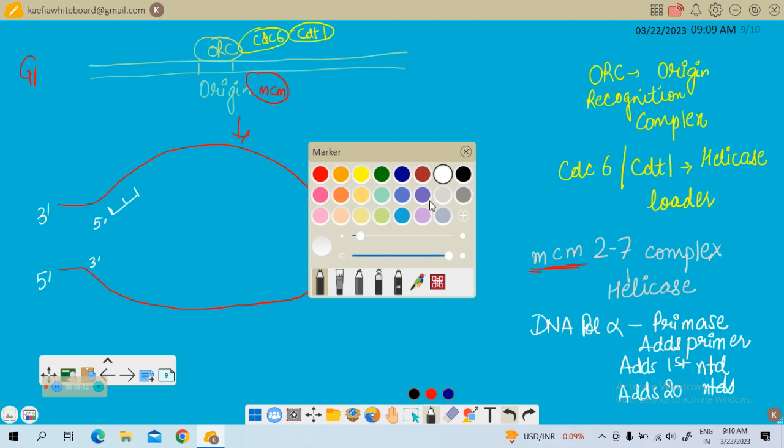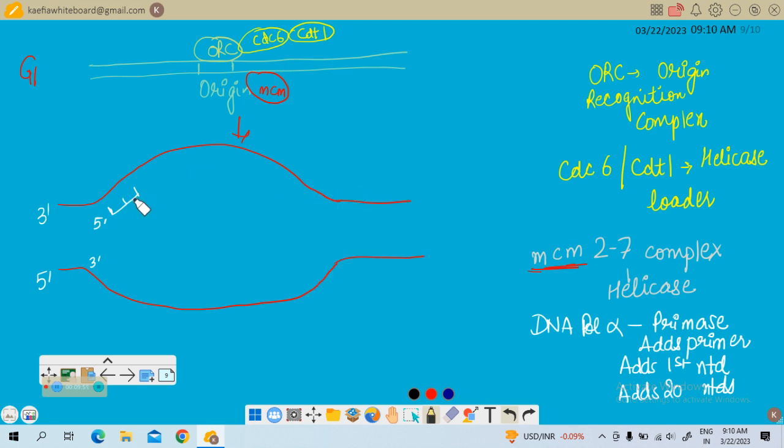Firstly, this white color is primer. Now 20 nucleotides are added by DNA pol alpha.